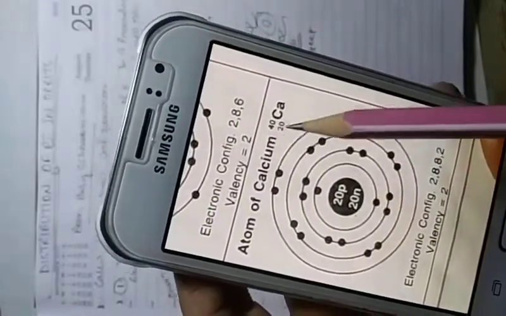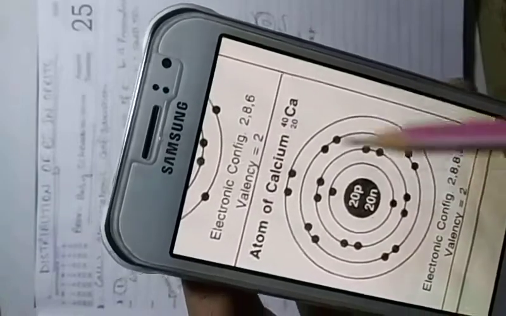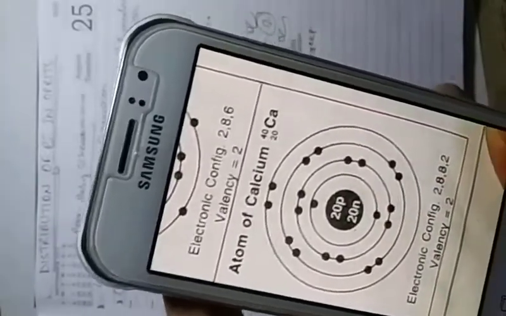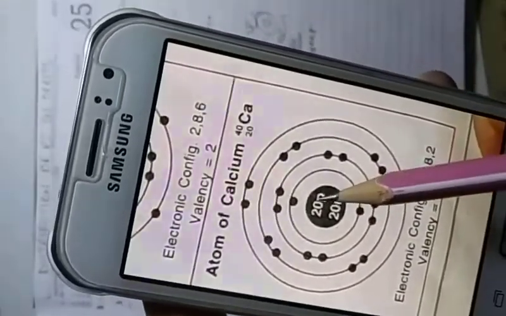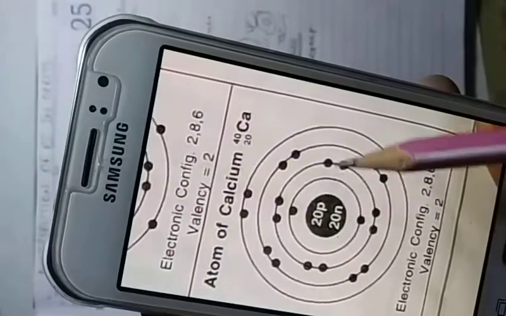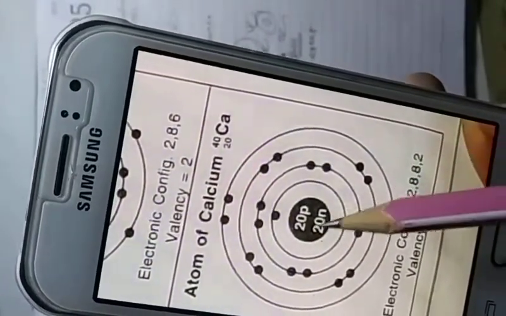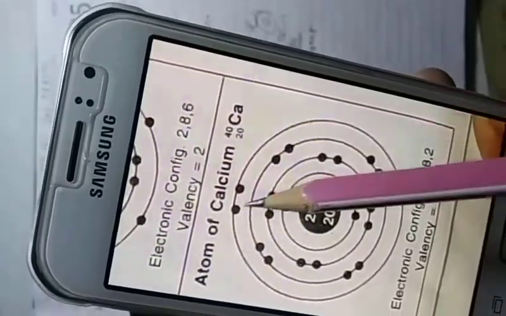Why 20 neutrons? You subtract. I told you that if you subtract the proton number from the mass number, you get the neutrons. So here both are the same, no problem. That's why 20 protons, 20 neutrons, and 20 electrons arranged outside like this: 2, 8, 8, 2. So first 2 in K, then 8, then 8, then the outer cell 2.